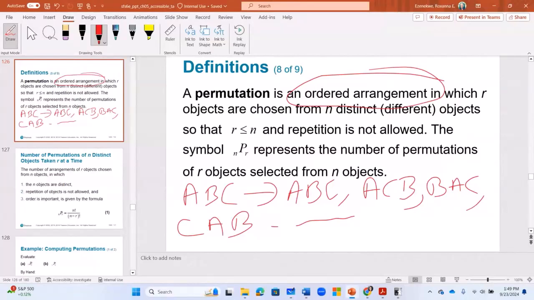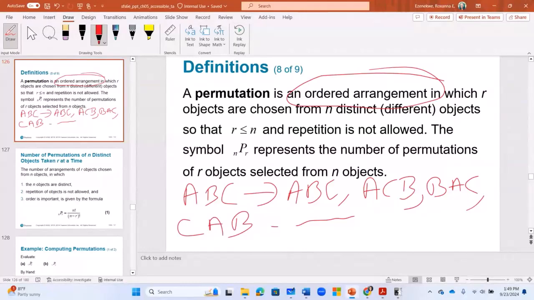Suppose I'm selecting a committee of 5 from a class of 30. Can I even order Grace? Can Grace be number 1, number 2, number 3? No. So sometimes order doesn't make sense anyway. Another thing you need to know is that if it's a combination, sometimes order does not make sense.